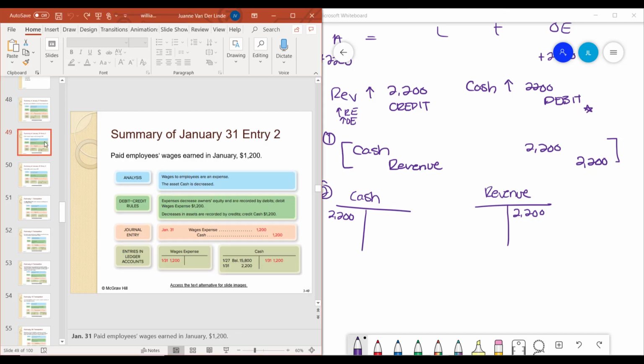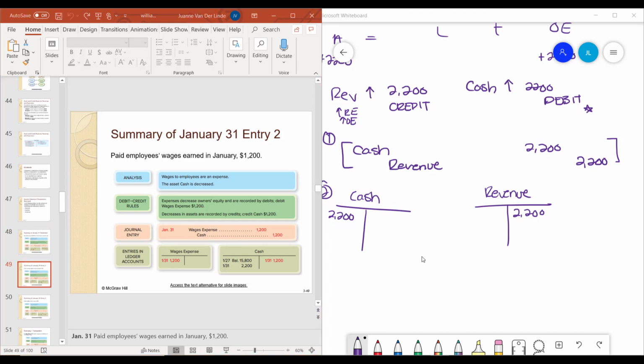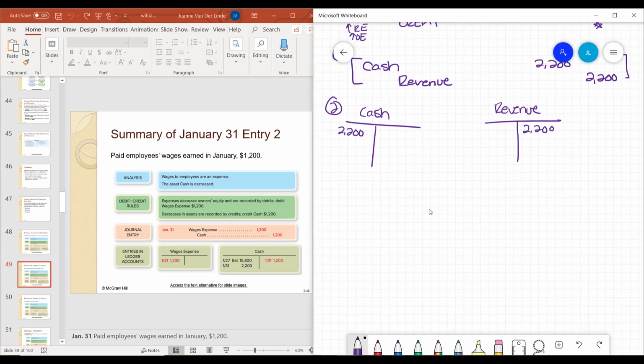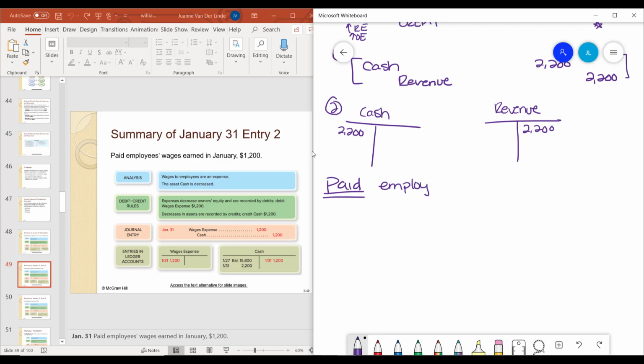Next one, we paid employees wages earned in January of $1,200. So the key word there is paid, right? We paid employees $1,200 for wages earned. As long as they earn the wages, it's an expense to us, right?